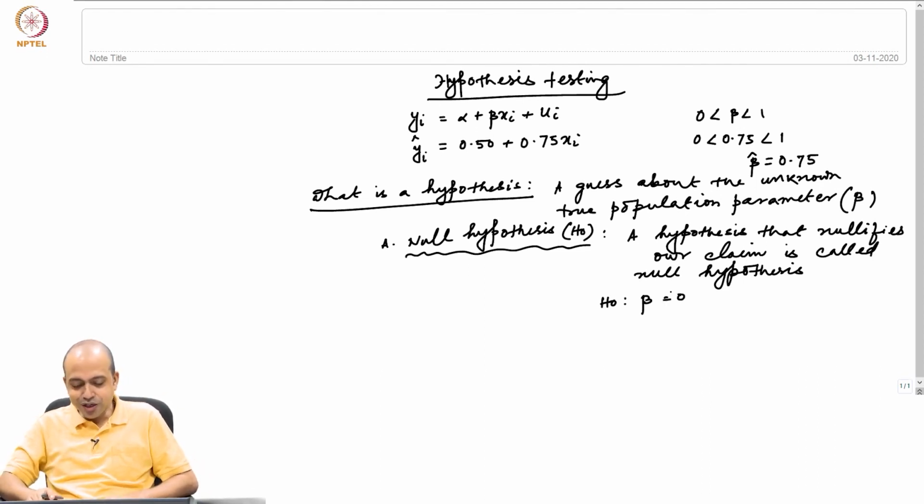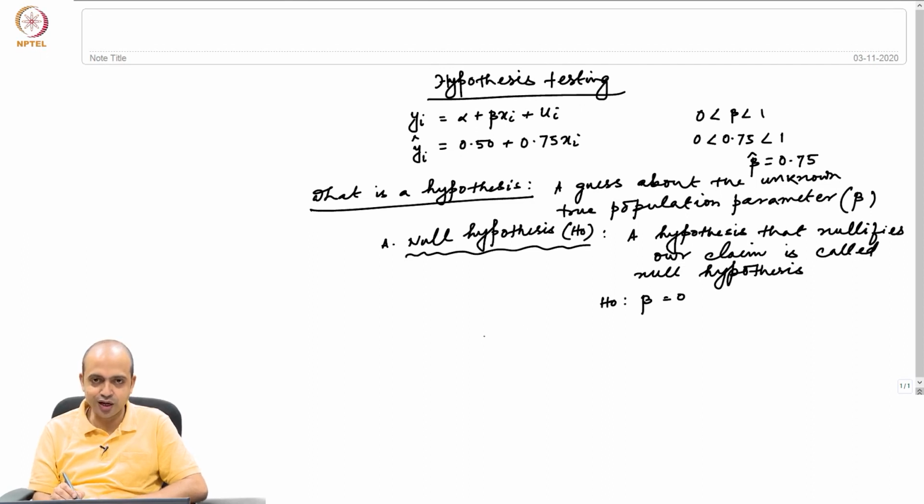So, your claim is beta greater than 0, that means income has a significant impact on consumption, and then you nullify, and you get your null hypothesis, which says H naught: beta equals 0. This is one way of defining the null hypothesis.